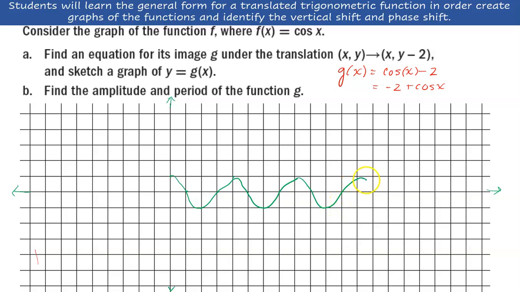every 2 pi. Now, did we do anything here that's going to change our period?